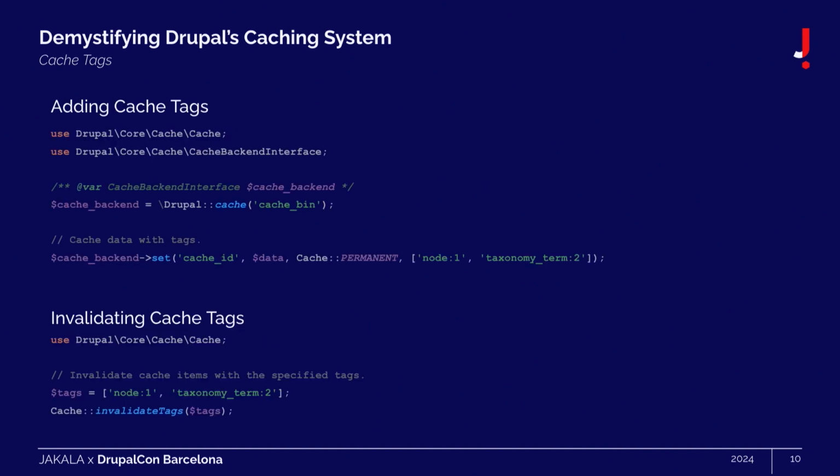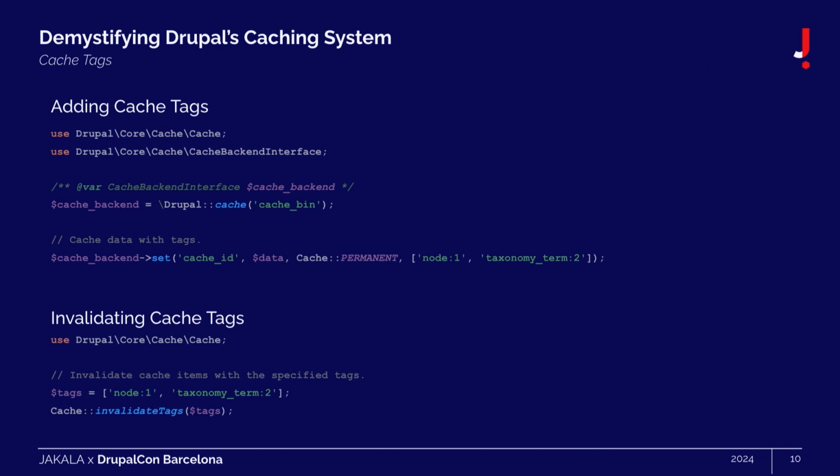Here you can see a very simple example of how we can implement cache tags. Basically, we call the cache backend, we call the cache bin, and then we have the cache ID, the data that we want to cache, and the cache tags that we want this data to depend on. And the method below is invalidateTags.